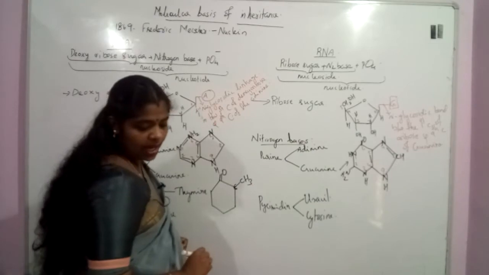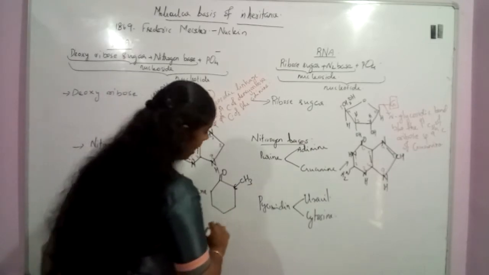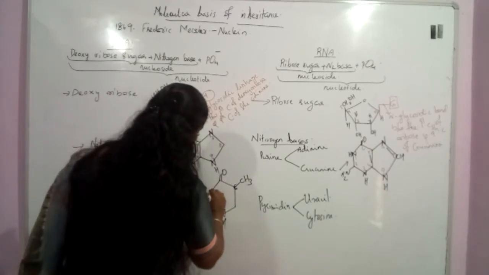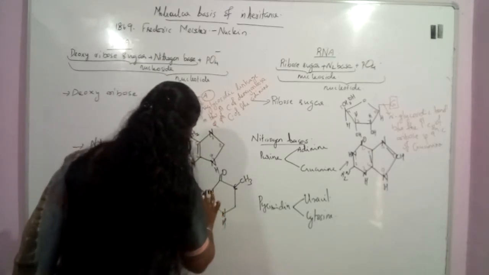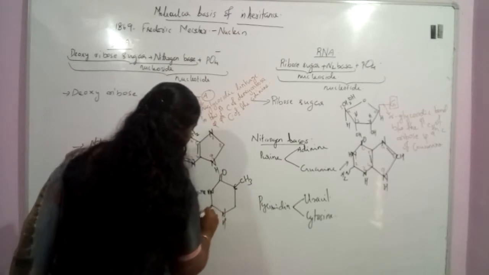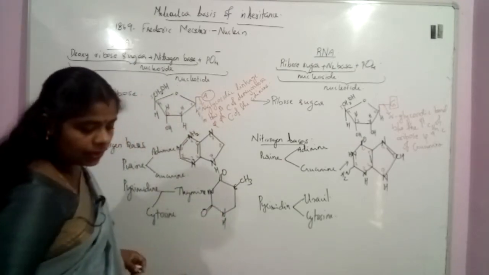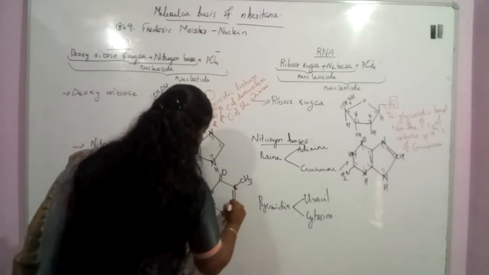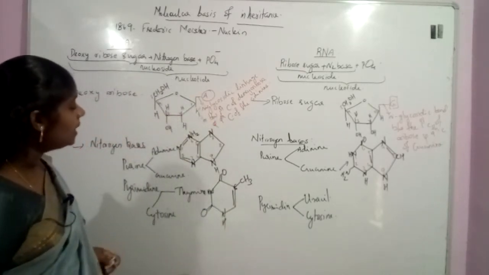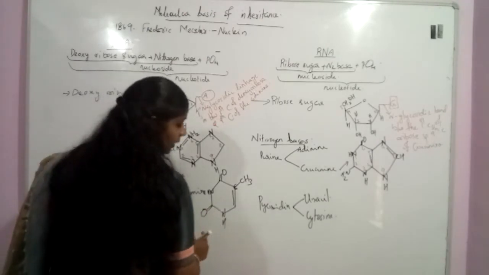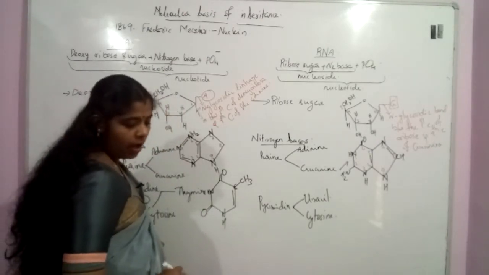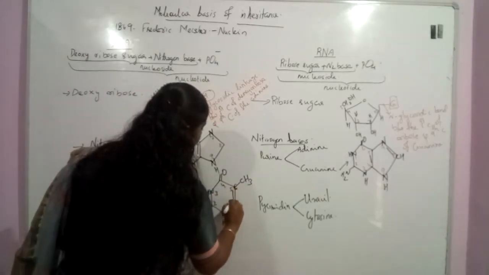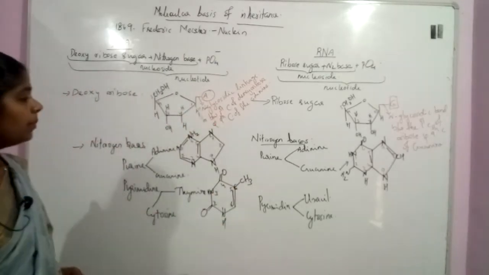The next one will have one NH group here, then one NH in this place, and here one oxygen is present. The double bond in this case will be present here. When we number this molecule, we can number it 1, 2, 3, 4, 5, 6.